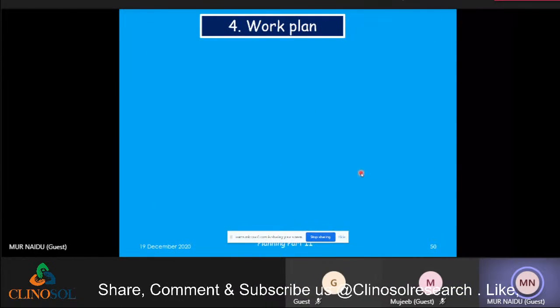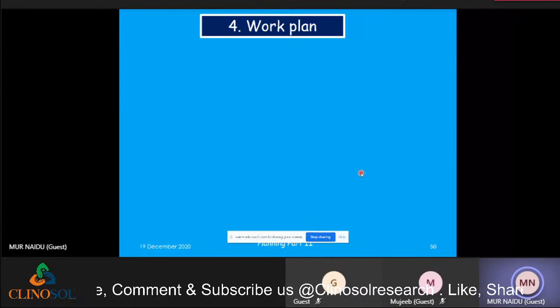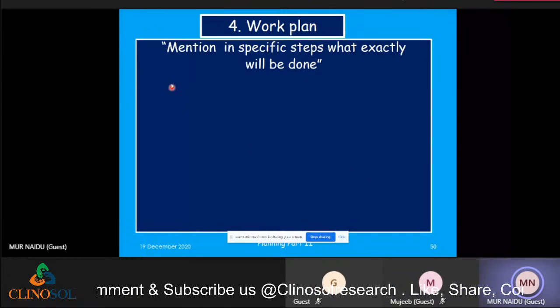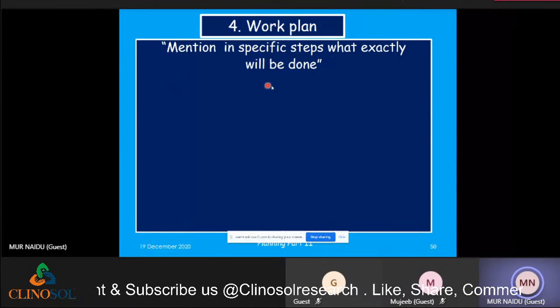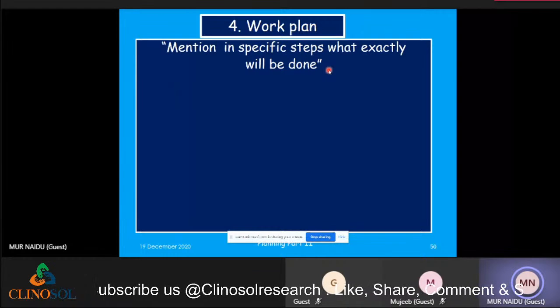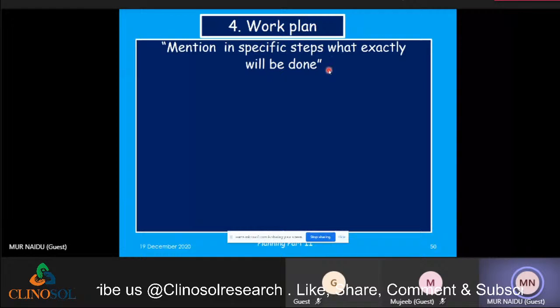If you have not planned the work well, then the result and the end is wrong. Better planning always gives better results. Mention specific steps, what exactly you want to do. Write everything very clearly, step by step, what you want to do in your work plan.